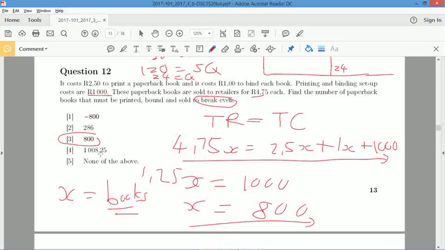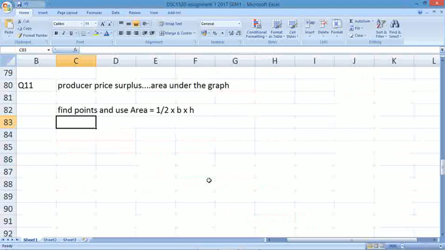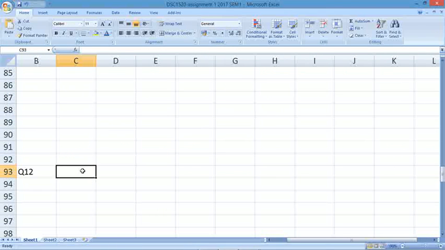Break even is total cost equals total revenue. Answer to question 12, number 3. Break even: total revenue equals total costs.